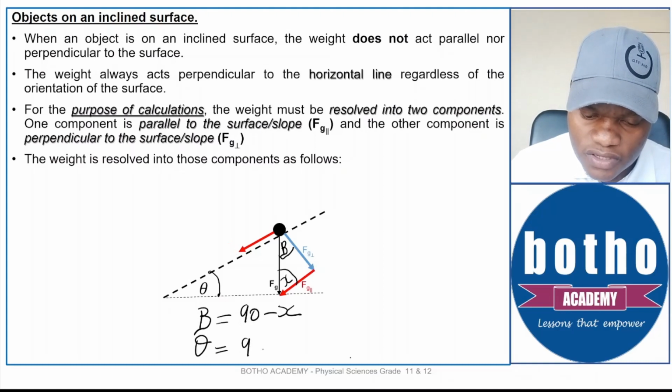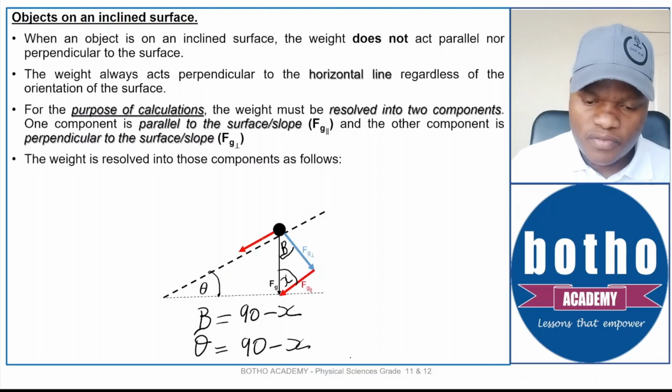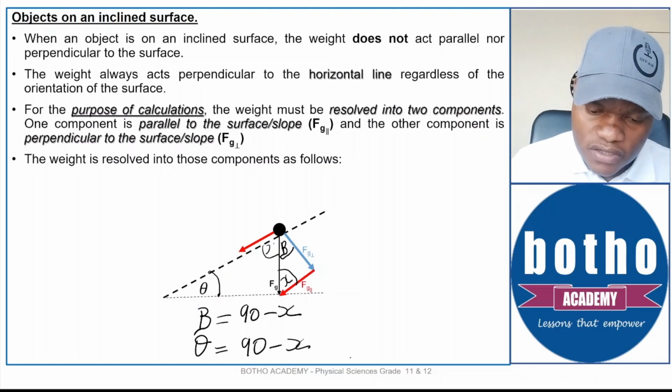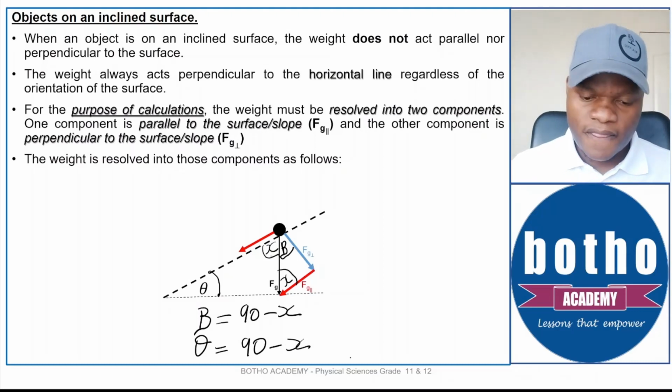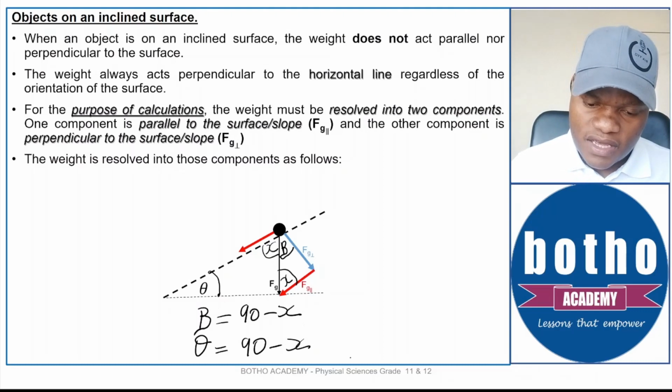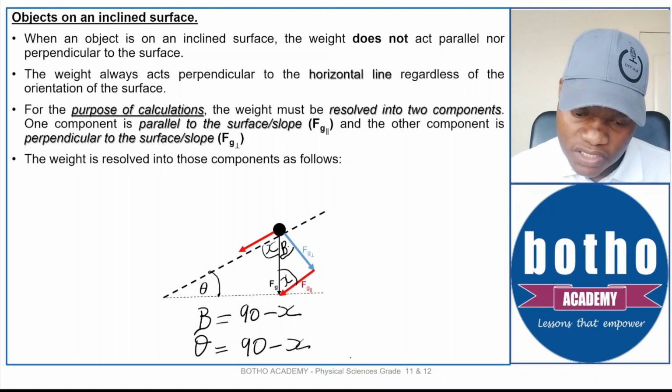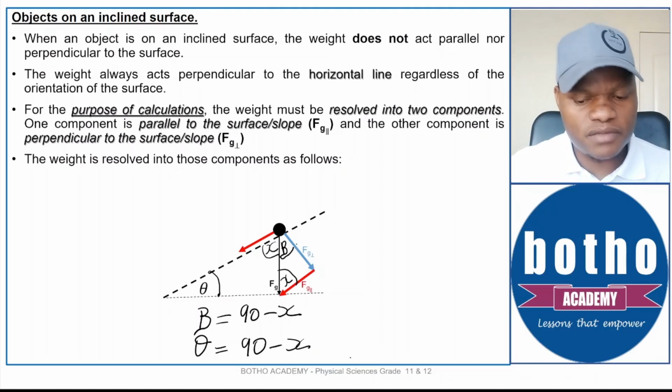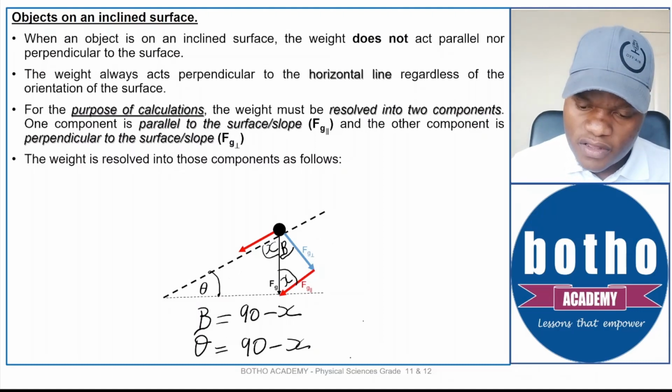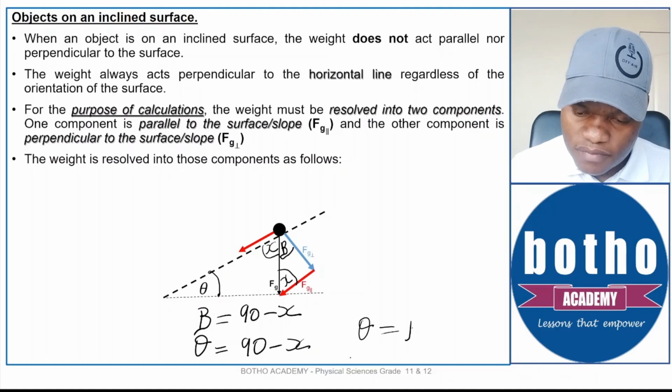Theta is also equal to 90 minus x, because there was x here as well. I just removed it by mistake. So this angle here, theta, is equal to 90 minus x. That angle beta over there is also equal to 90 minus x. Therefore, the angle theta is equal to angle beta.